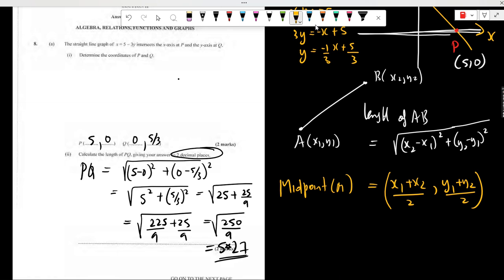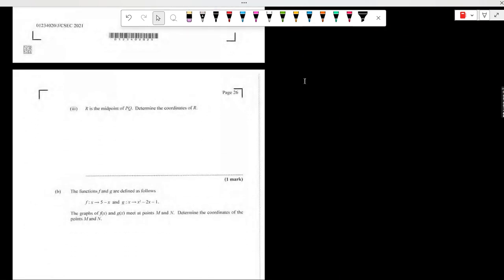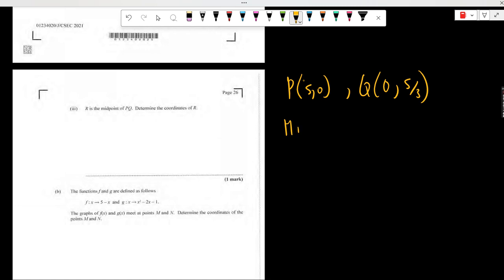So, going back down here, if P is the point 5, 0, and Q is the point 0, 5 thirds, find the midpoint of PQ. And do not put it as a decimal, leave it as a fraction.